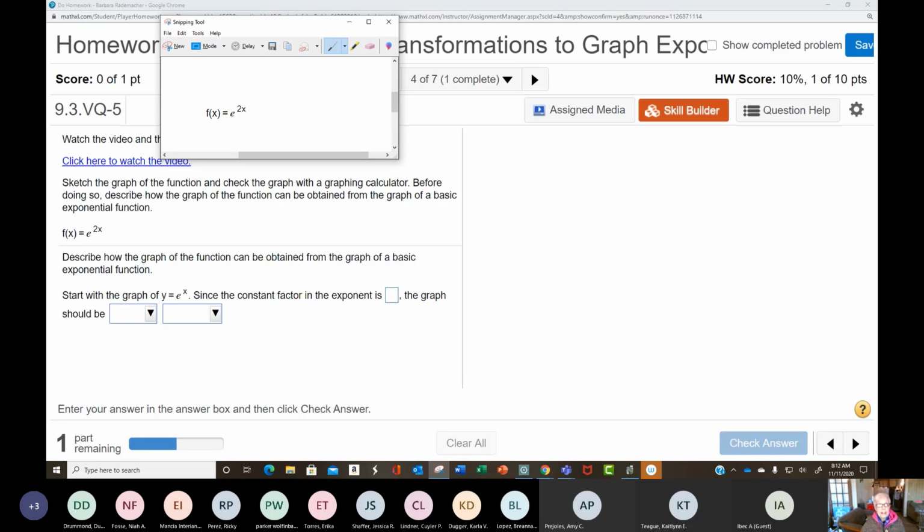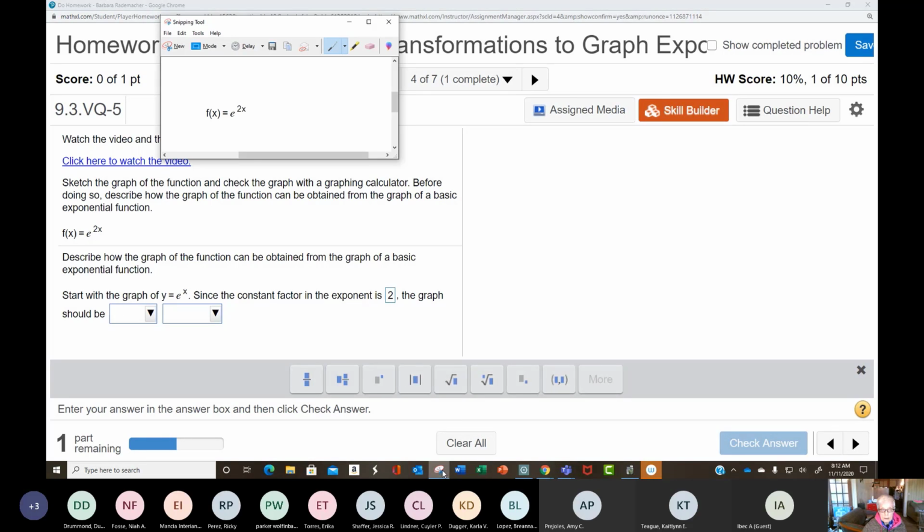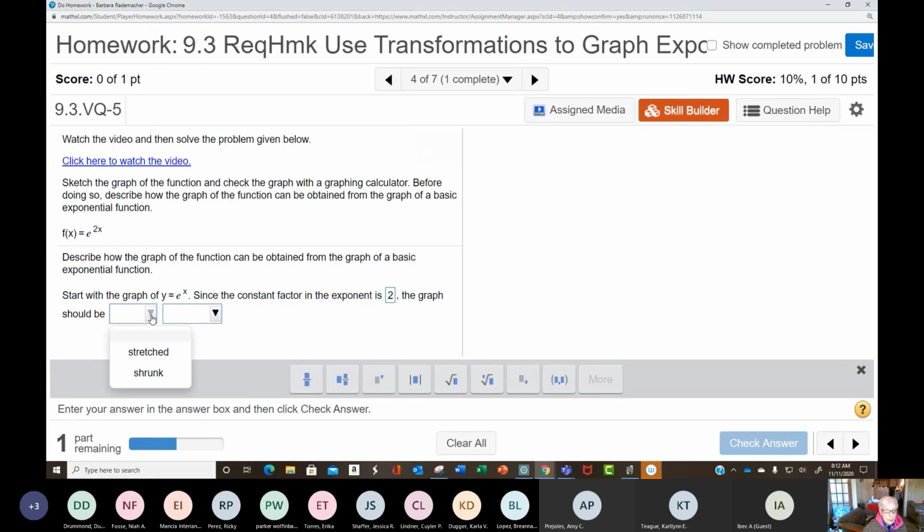And our base is e. So let's come down here. Start with the graph of y equals e to the x. Since the constant factor in the exponent is 2, the graph should be shrunk.